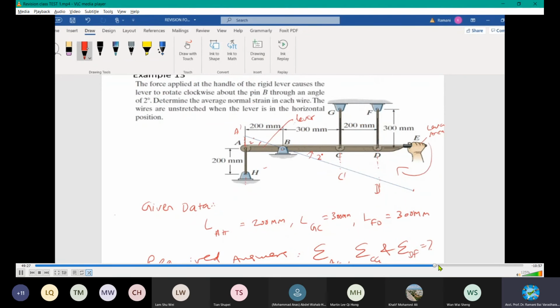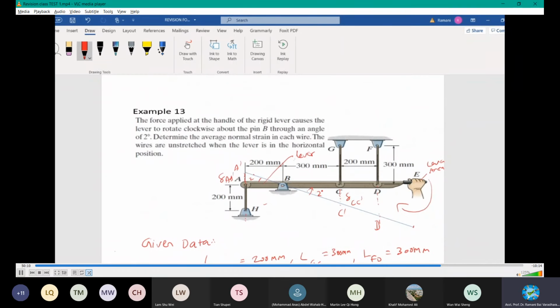Tan theta, right? If you want delta A, meaning opposite, you want this one, right? This is delta A dash. Consider BC dash: opposite side by adjacent side will be CC dash by 300. And then for DF, consider this triangle BDD dash.